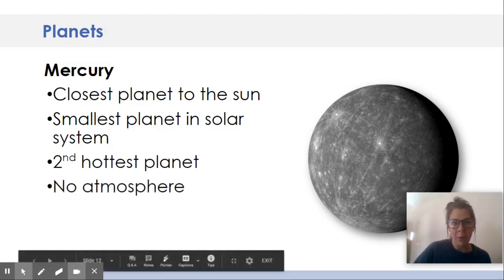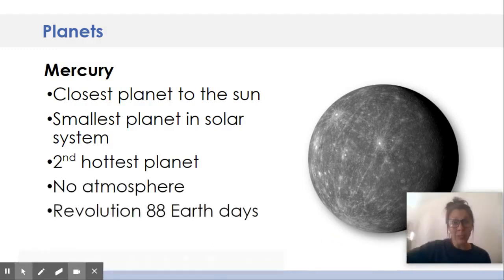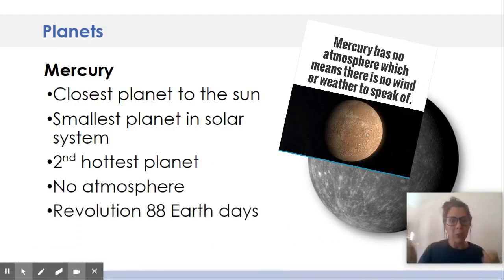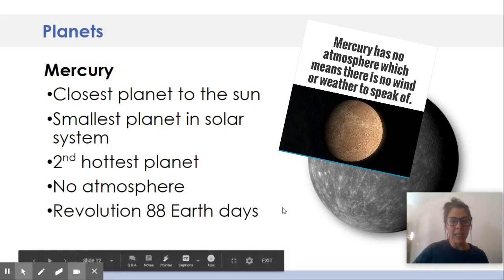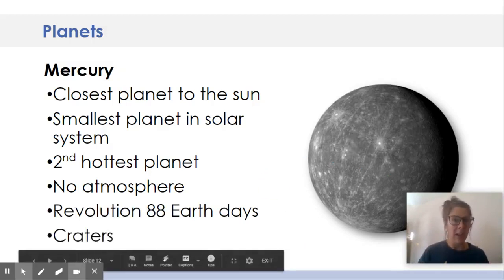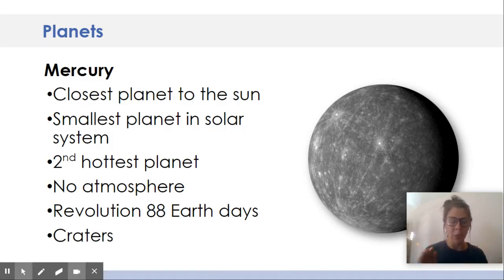My favorite fact about Mercury is that it has no atmosphere. So because there's no atmosphere, no force field around the planet, it literally can get hit by all kinds of asteroids. If you look at the surface of Mercury, it's covered in craters. And again, it's closest to the sun, so it can get around the sun the fastest. A year on Mercury is only 88 Earth days.